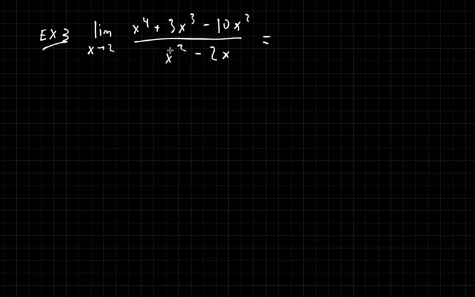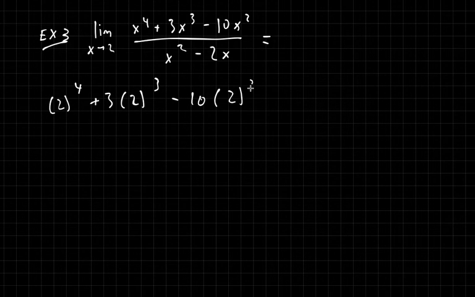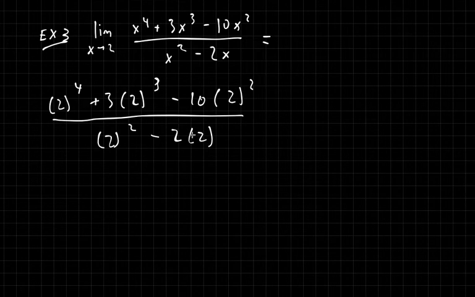Unless you're very experienced. So I'm going to try it again. So I plug in 2 into the function, right? So I'm going to get 2 to the 4th plus 3 times 2 cubed minus 10 times 2 squared over 2 squared minus 2 times 2.